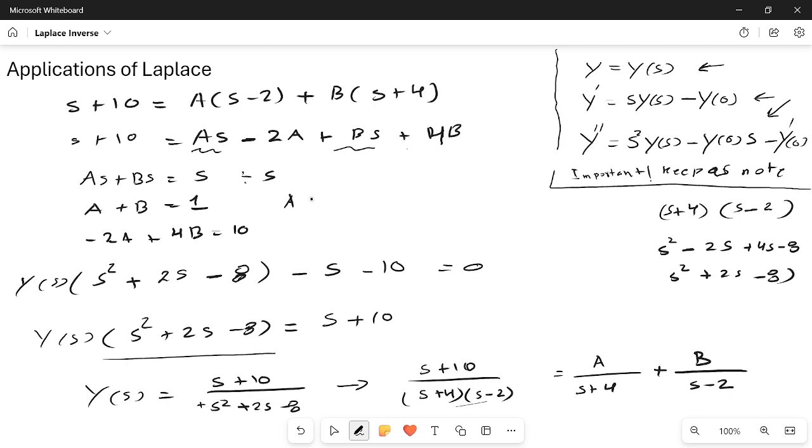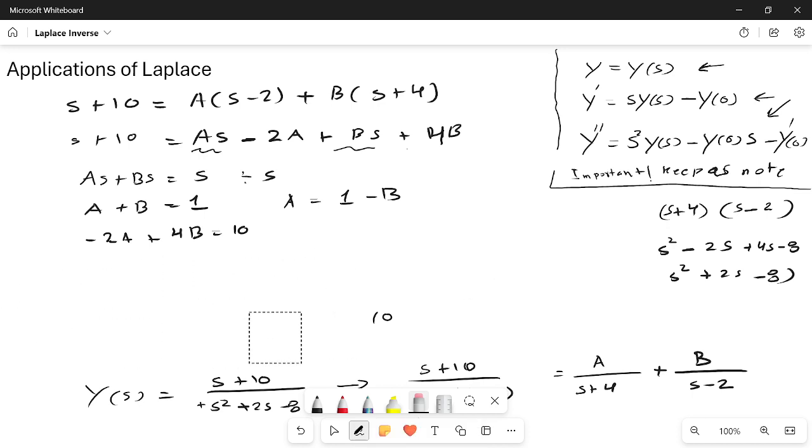So if a is equal to 1 minus b, if we substitute the value of a in this equation, we have negative 2 multiplied by 1 minus b plus 4b is equal to 10.